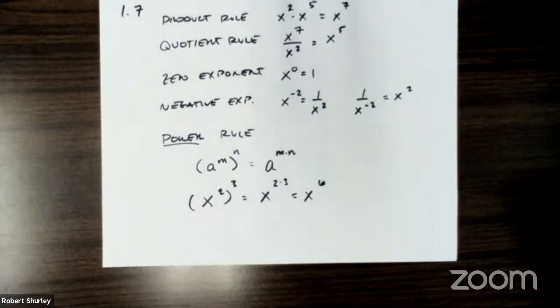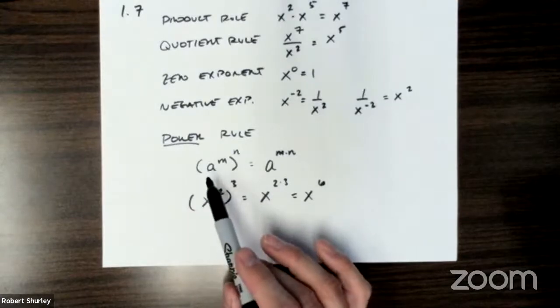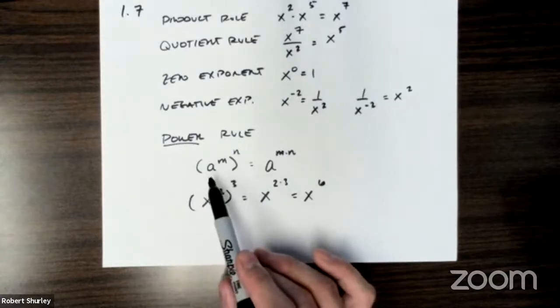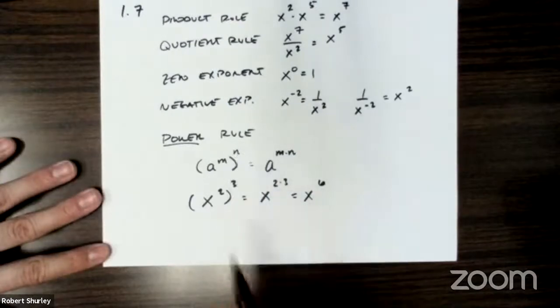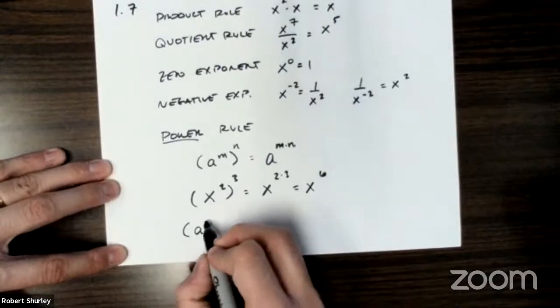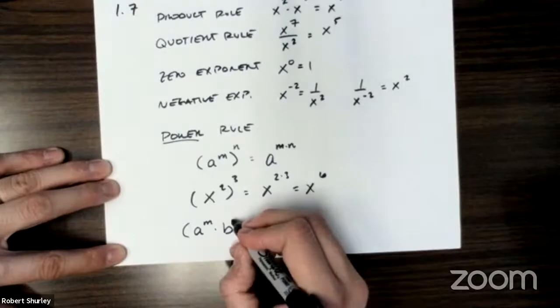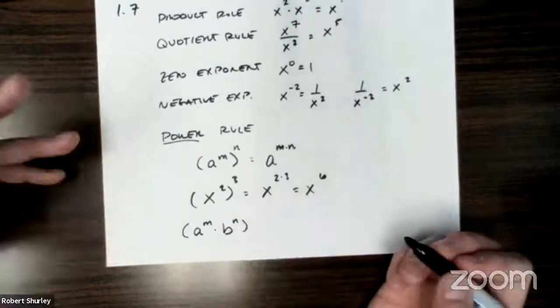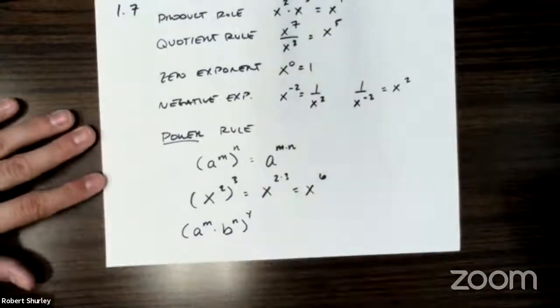Now, you have to be careful because with the power rule, if we have more than one term being multiplied inside, we have to make sure every exponent is raised to that power. So what I mean is, if we have a to the m times b to the n, and we raise it to, let's say, y power, okay?